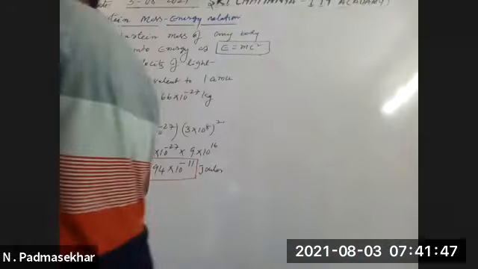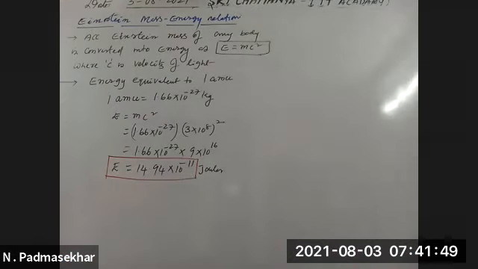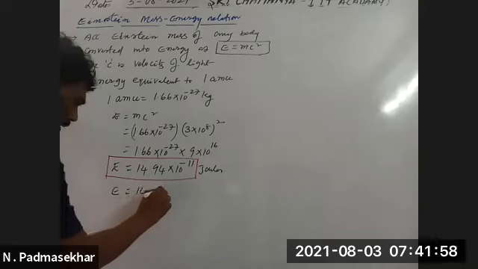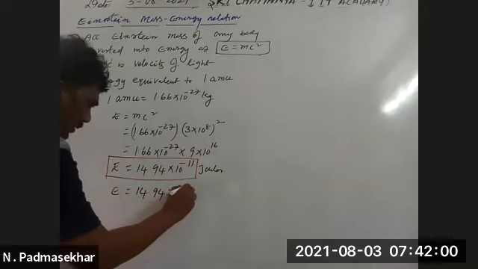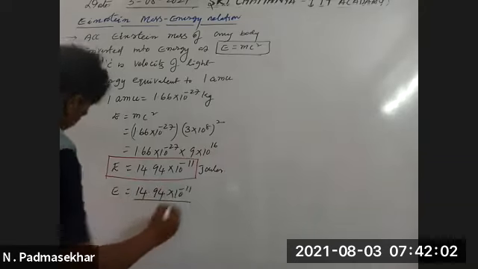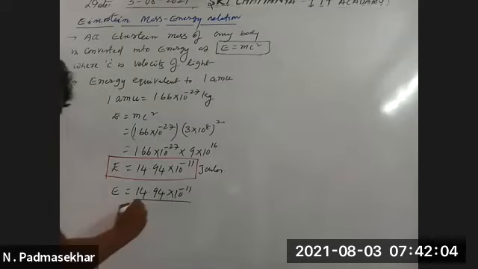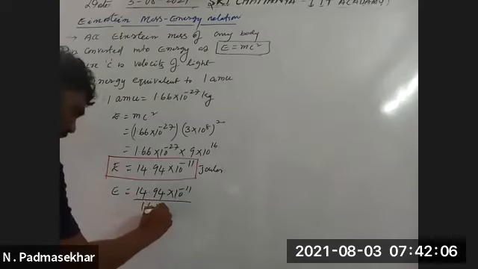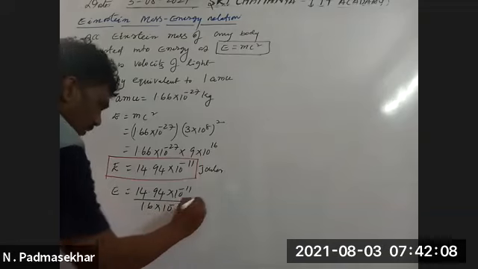So that is converted into electron volts, suppose. If it is converted into electron volts, E is equal to 14.94 into 10 power minus 11 divided by 1.6 into 10 power minus 19.